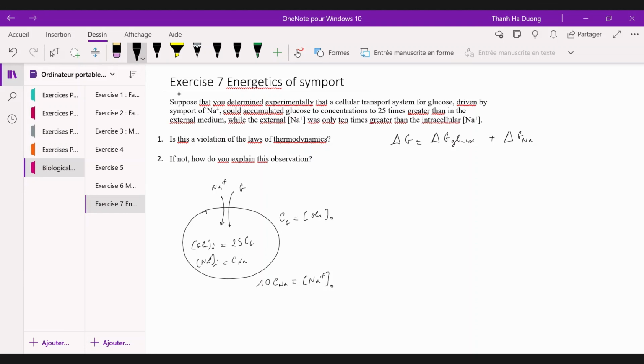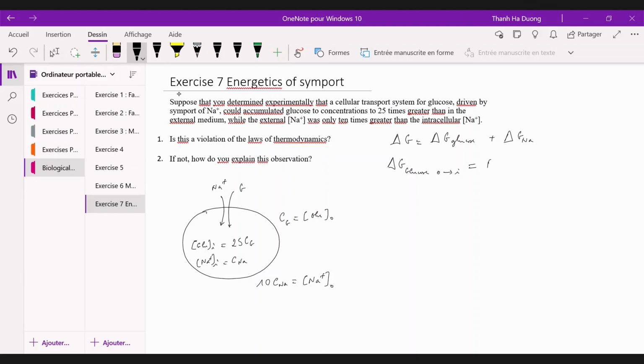Okay, so we have to measure the delta G of the transport of the glucose from outside to inside. Okay. So glucose is a non-charged molecule.